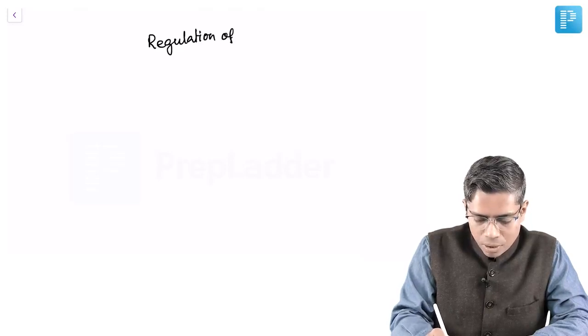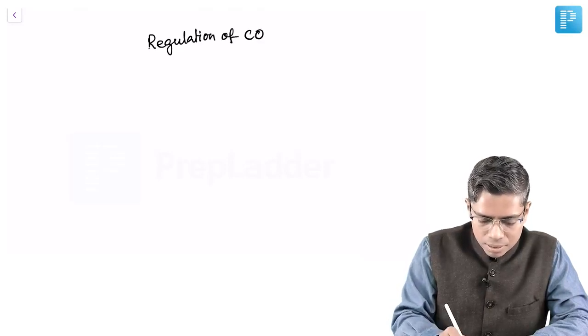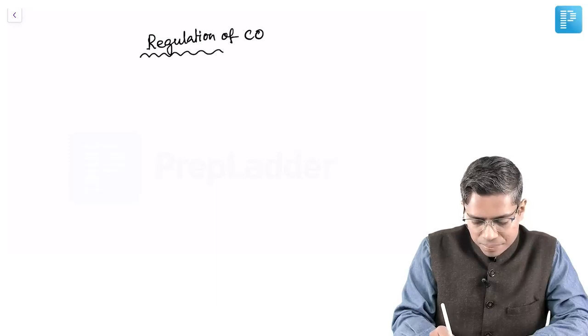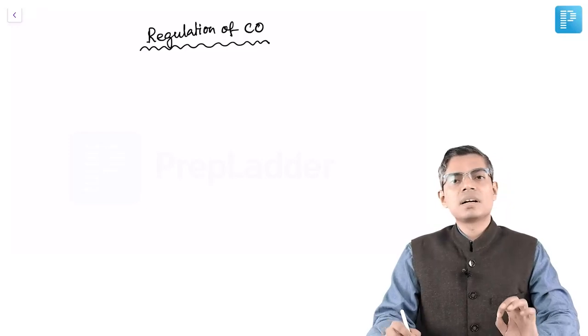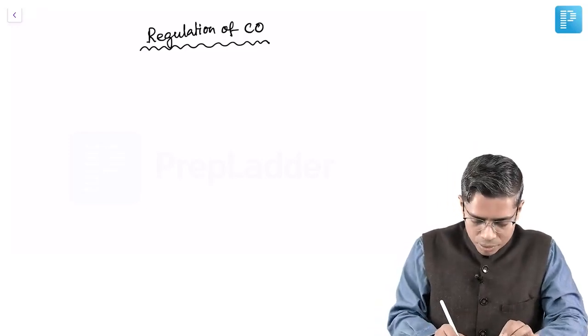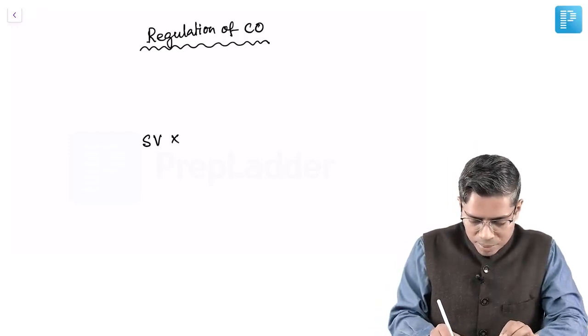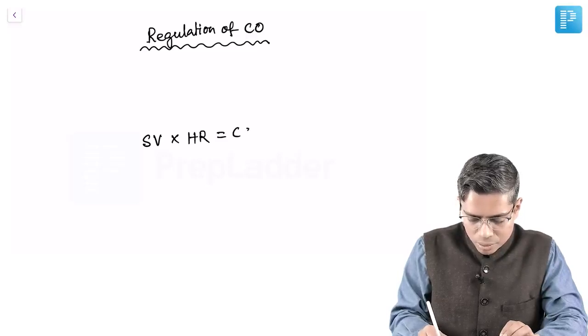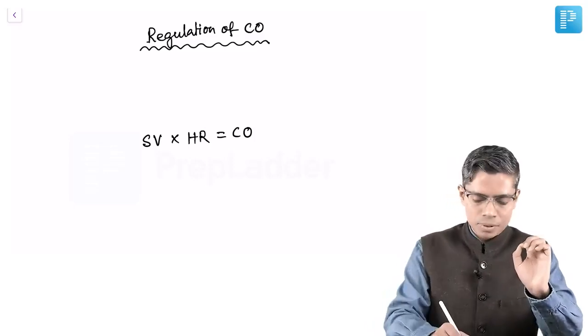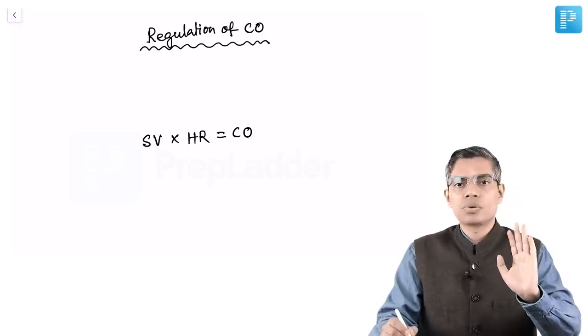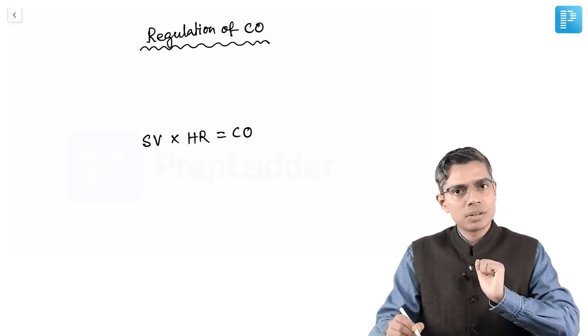Regulation of cardiac output, right? It is very simple. We have already discussed that cardiac output is nothing but stroke volume multiplied by heart rate. So, any factor which is changing the stroke volume is also going to change cardiac output.